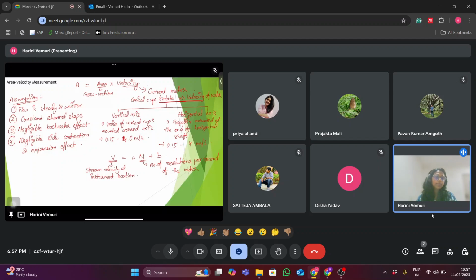A and B are mostly given by the company when we buy the instrument itself.